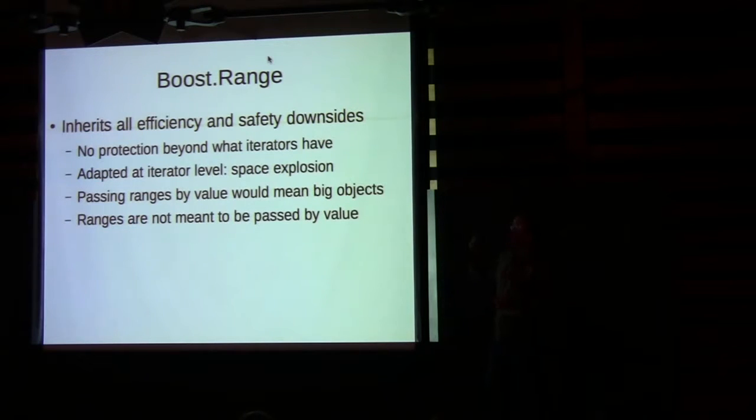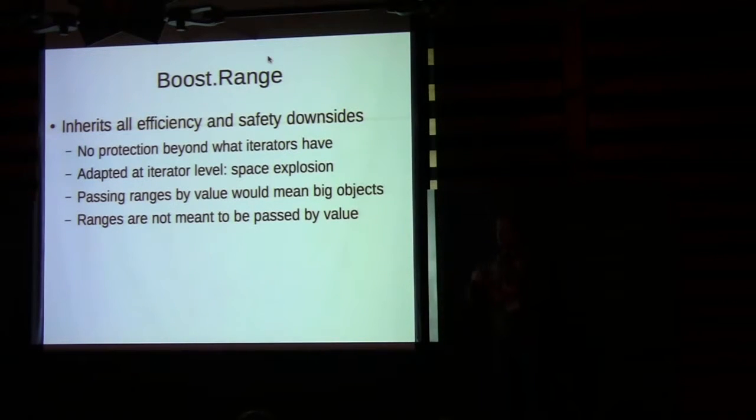Because adapters work at the iterator level too. Because if you write, in Boost Range, an adapter, well, that's a new range, but in the end it has to return iterators. So you have to write the iterator adapter. And that means you still get the space explosion problem of filter iterator. And still, the range is still a big object. So although it uses iterators, at some point you're still passing ranges around and they're big.